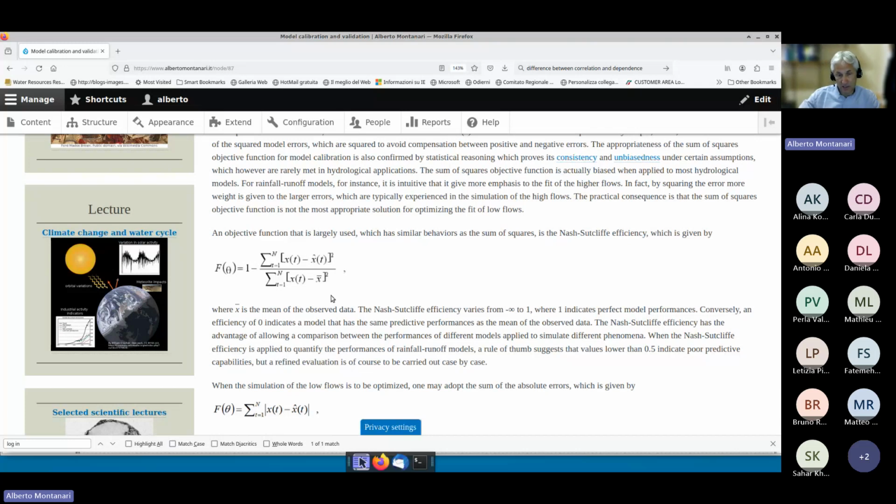Now, as I said, these are optimized numerically. What does this mean? It means that when you run a calibration, optimization, parameterization, and you rerun it a second time, it may happen that the results are not the same. And this is perfectly fine because it's a numerical optimization.